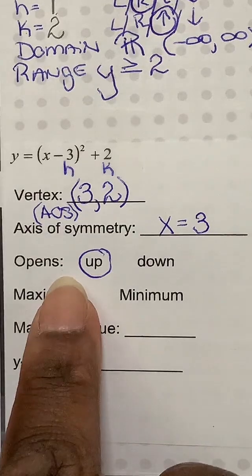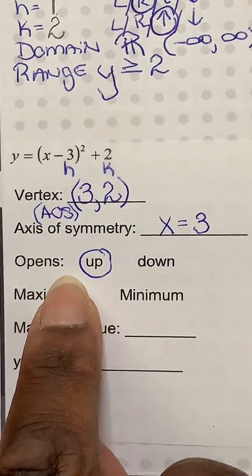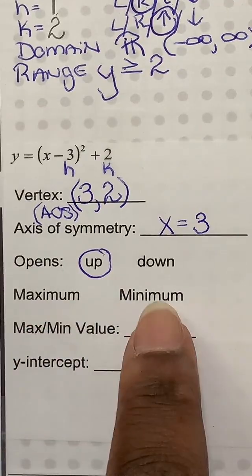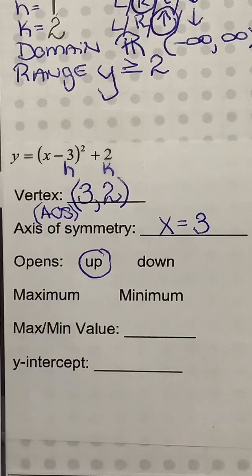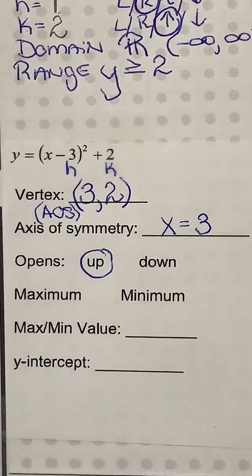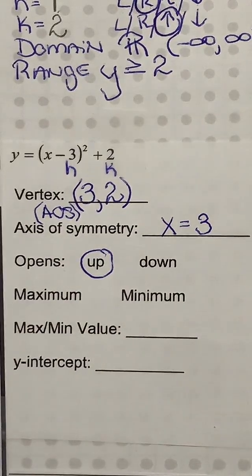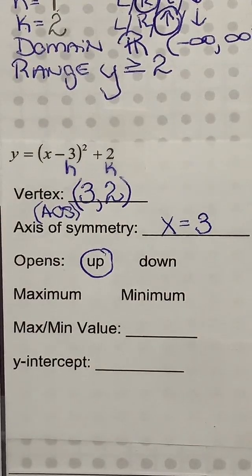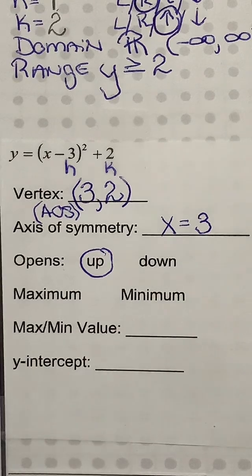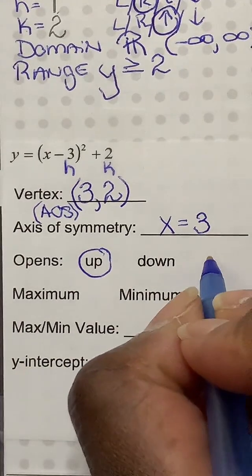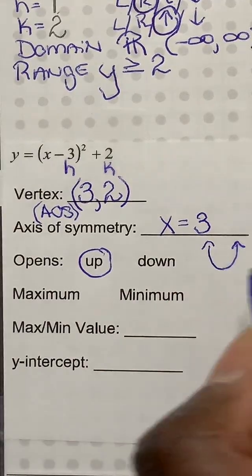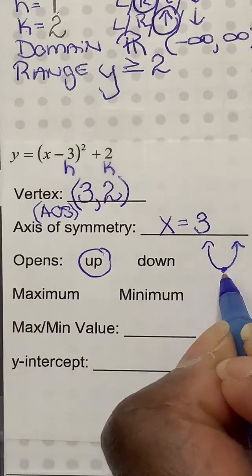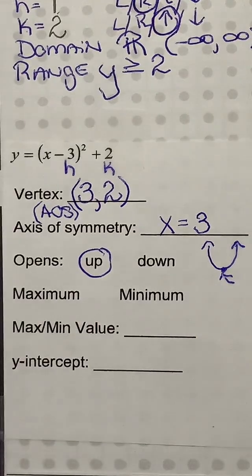Now, if a graph opens up, am I going to have a maximum or a minimum point? Said minimum. Okay, min. So think of it, if it's opening up like a cup, that means my vertex is going to be my low point.